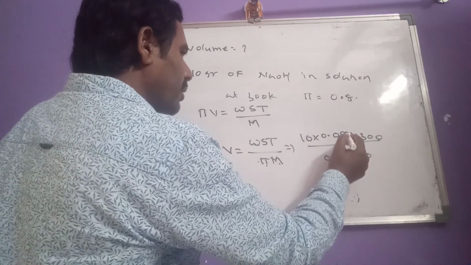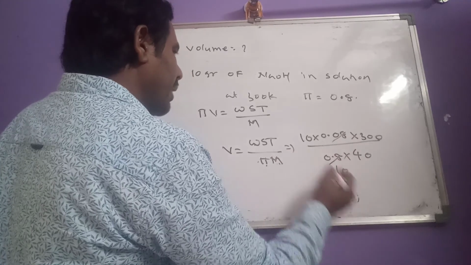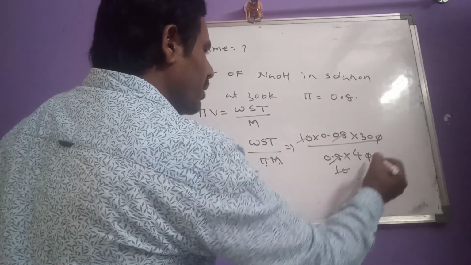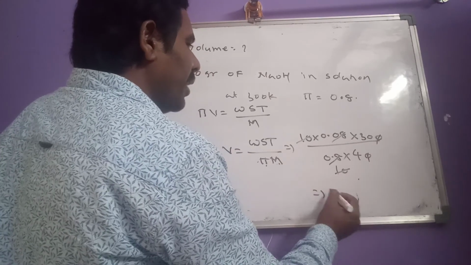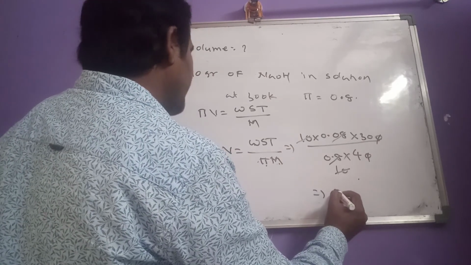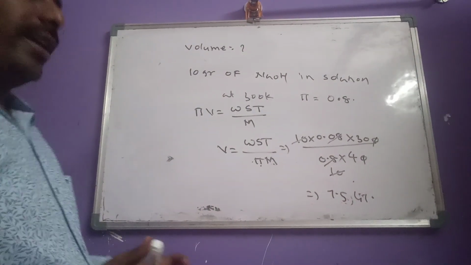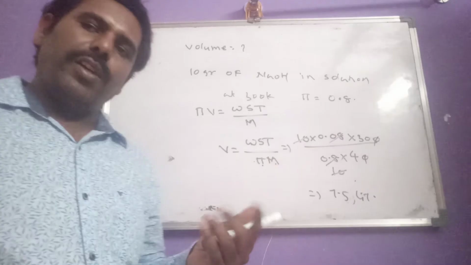So 0.08 ones are 0.08, tens are 10, and 10 gets cancelled. Here 0 gets cancelled. 30 by 4 means 7.5 liters. So like that here we need to determine the volume.